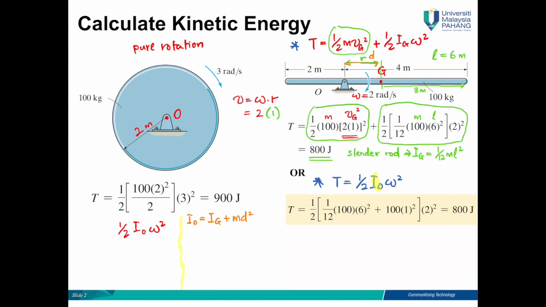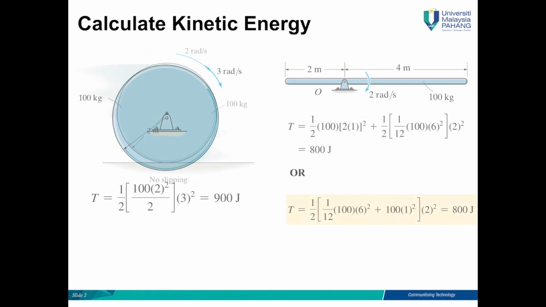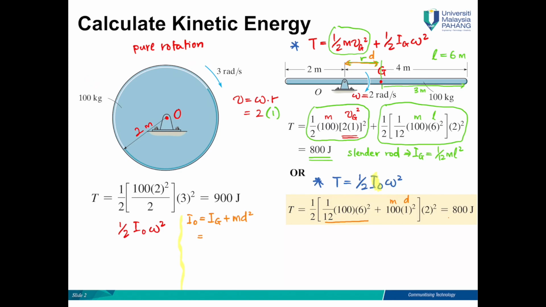So you will have Io is equal to Ig, which is 1/12 m L squared, plus M is 100, and this is d squared. Then you will get the same value of 800 joule as well.